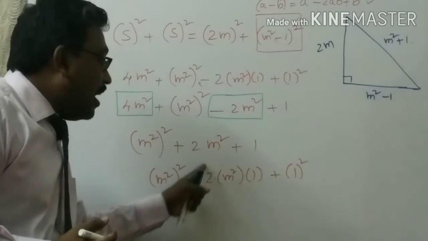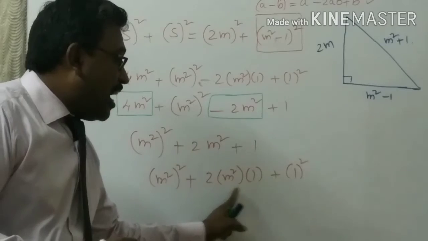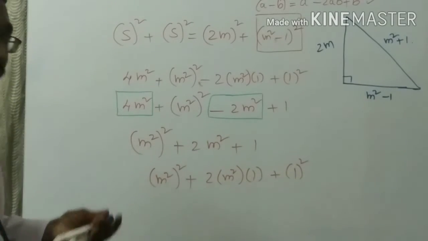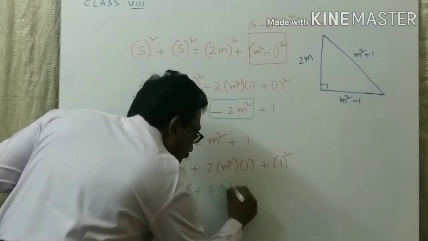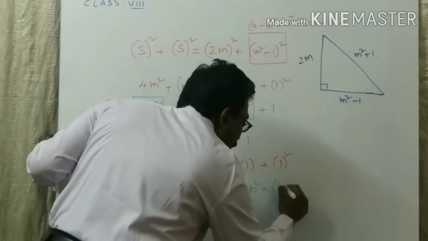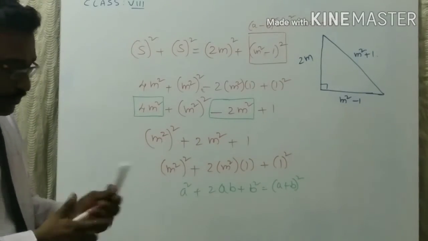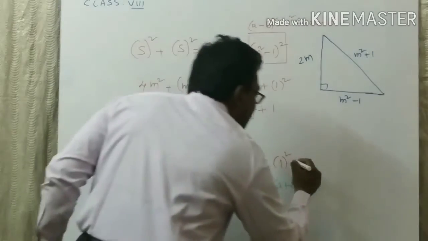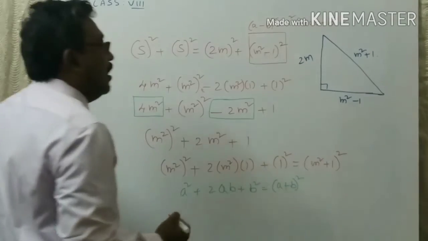I am rewriting this in the form of a square plus 2ab plus b square, to write in the form of a plus b whole square. So now it is equal to m square plus 1 whole square.